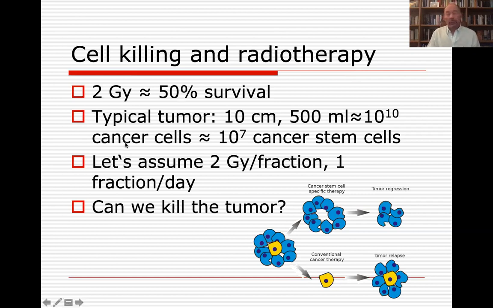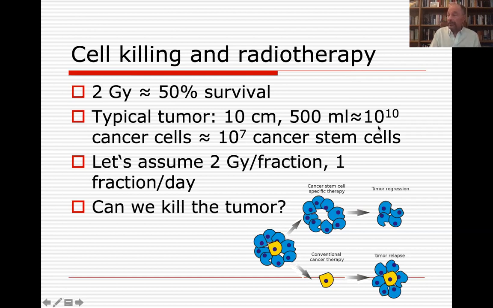How big is a tumor? Also in this case there is very big variability, but to give you a typical value for a pretty big tumor, but not enormous, let's say 10 centimeter diameter, this means half a liter, 500 ml. This means approximately 10 to the 10 cancer cells.